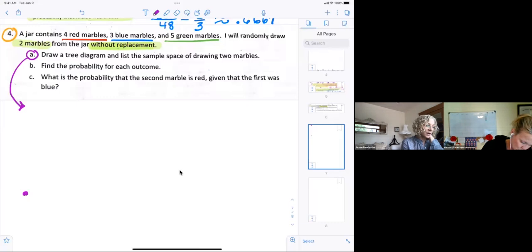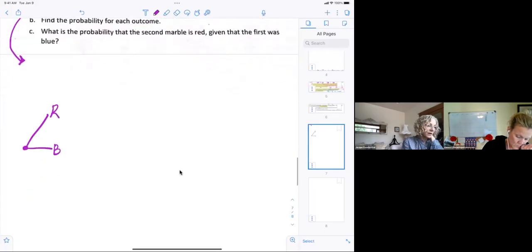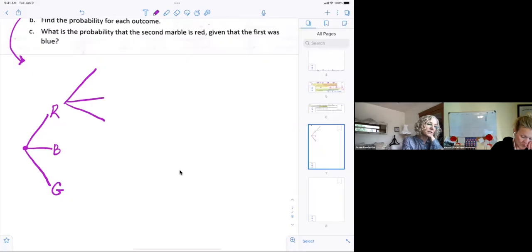So when I draw, I'm either going to draw a red marble or a blue marble or a green marble. So my first draw is either going to be a red, blue, or green marble. If I draw a red marble first, then from there, I'm still going to have 3 options on my second draw. My second marble is going to be a red, blue, or green.